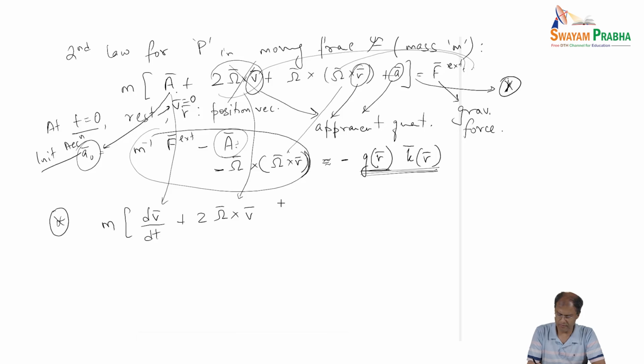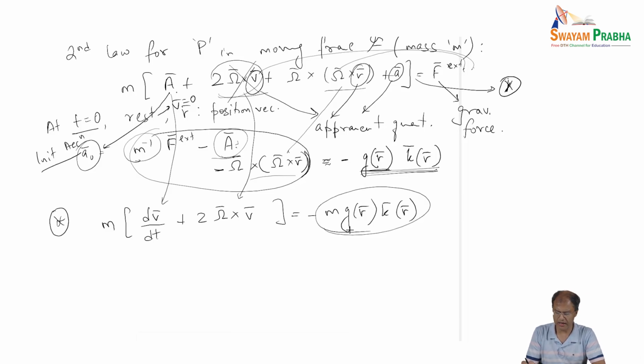So this is equal to minus m g of r k of r. Everything is absorbed in the acceleration due to gravity. We multiply by m, so we have the effective weight of the particle. So this is our equation of projectile motion.